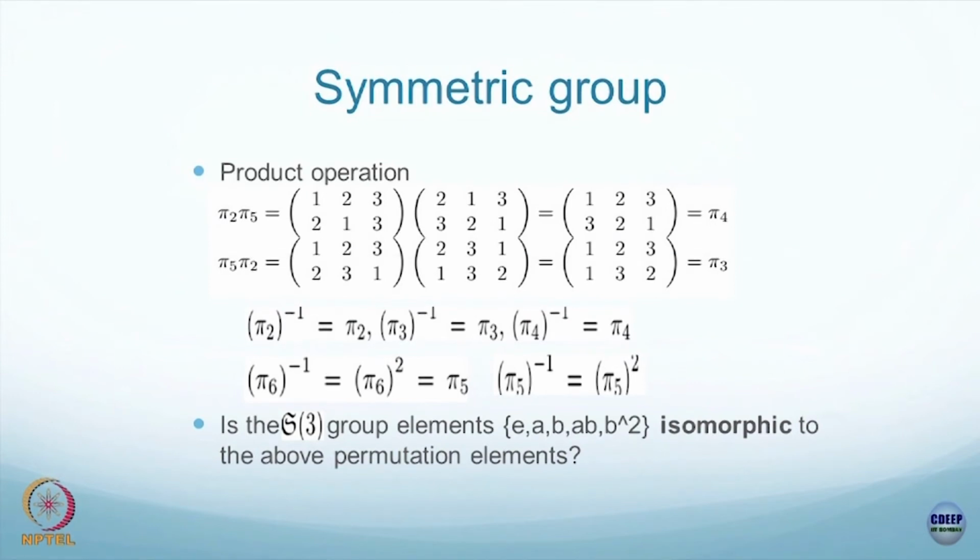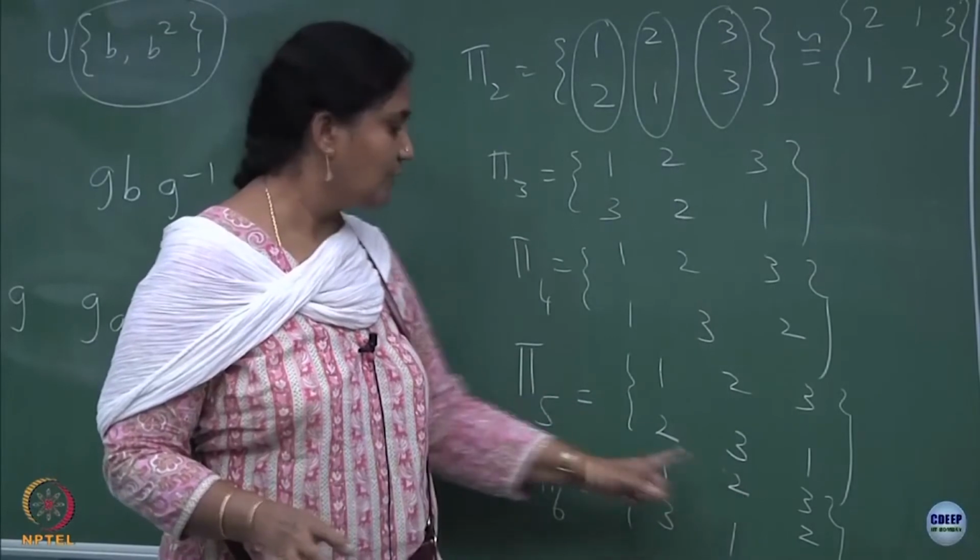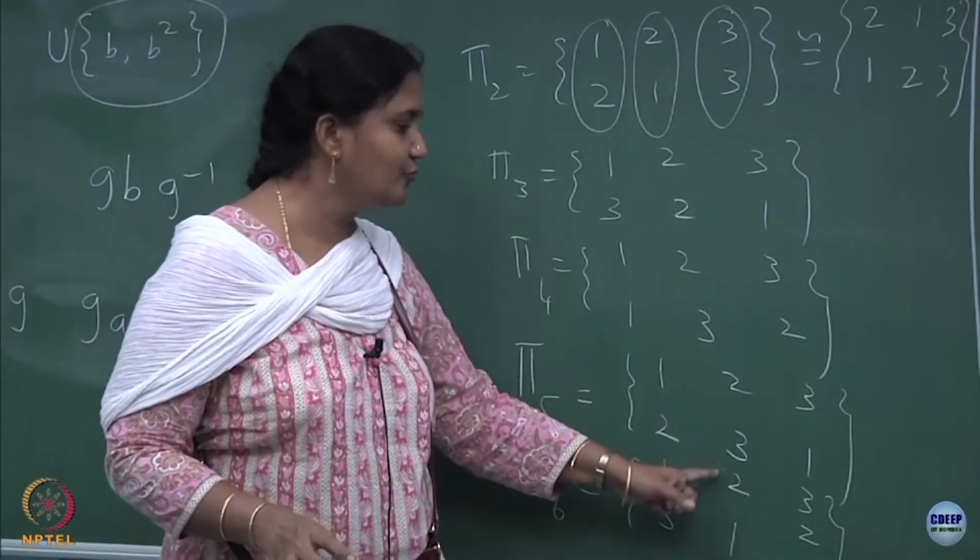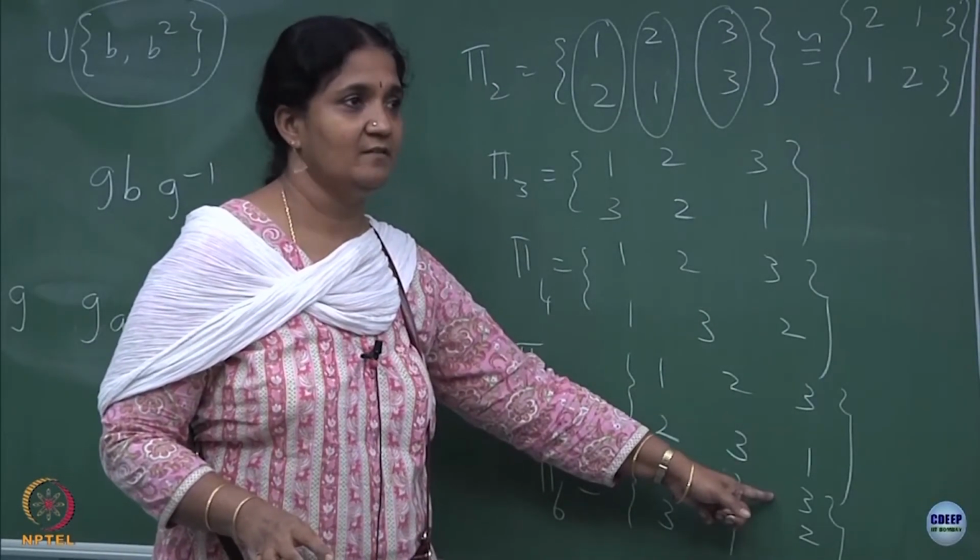This also I have stressed already. Pi 2 is an order 2 element, and similarly you can show that any 2 particle exchange, 2 object exchange alone, these 2 are involving all the 3 objects. 1 goes to 2, 2 goes to 3, 3 goes to 1, right.